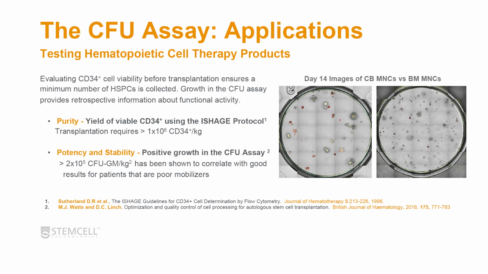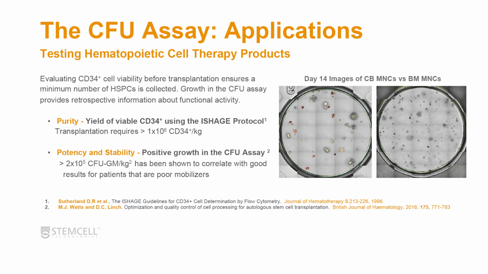So the CFU assay has always provided that data. It's retrospective, yes, information about the functional activity, but it's quite critical when you think you've had the right dose, you've injected your patient, and then you realize 3 or 4 weeks later they're not engrafting. If you have set up the CFU assay and you had no growth, you'd be very quickly looking for another donor.